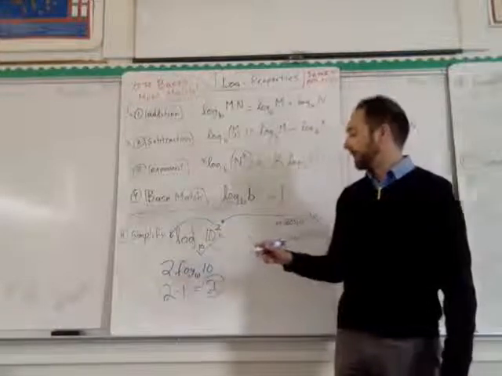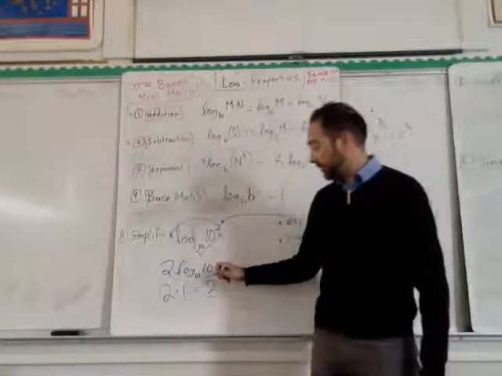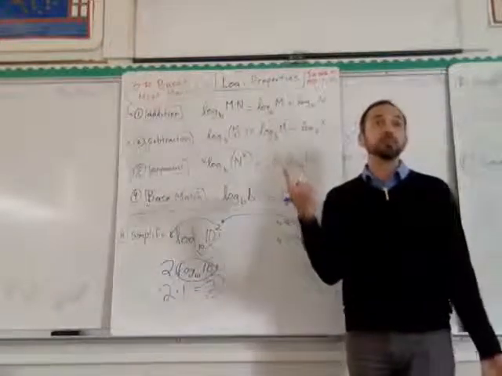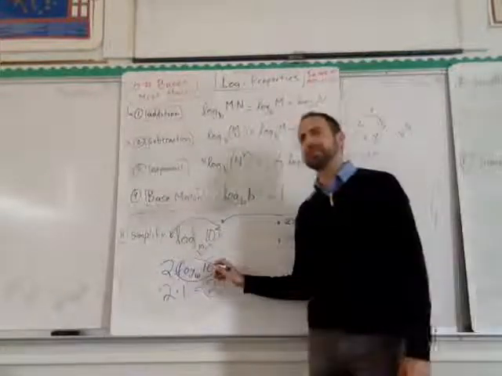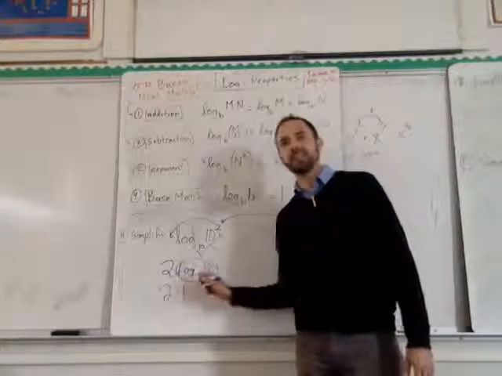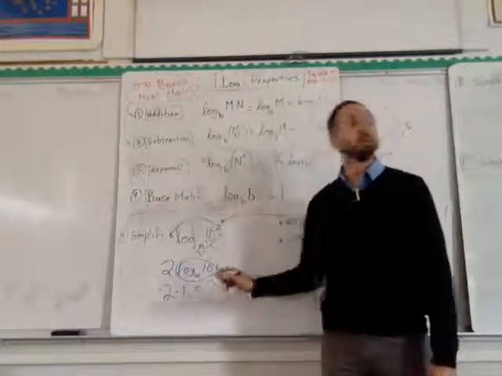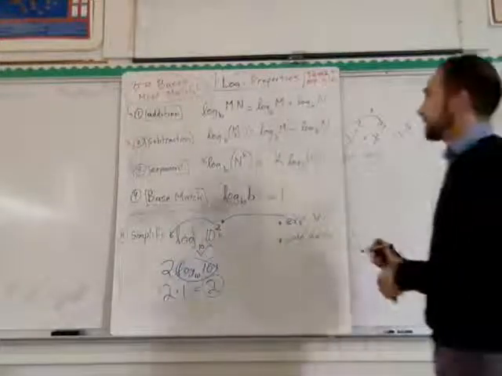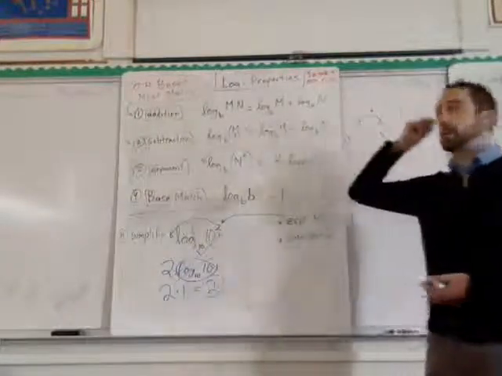Maybe instead you circle it. You circle it anytime you have base match. You know it's going to turn into 1. Even when you cross, you wonder, do I cross the 10s and then the log's left? So circle it, that whole thing is going to become 1. Makes sense?